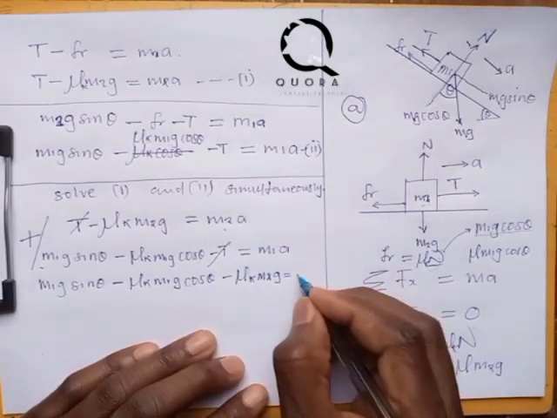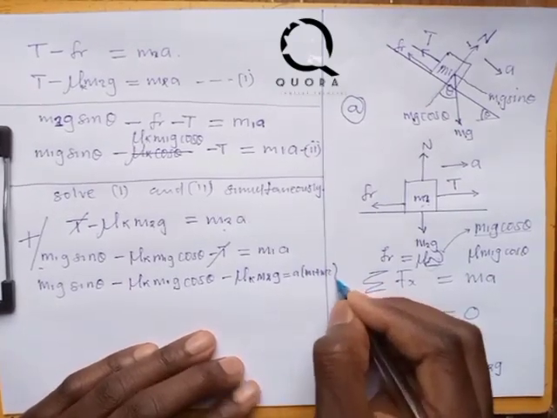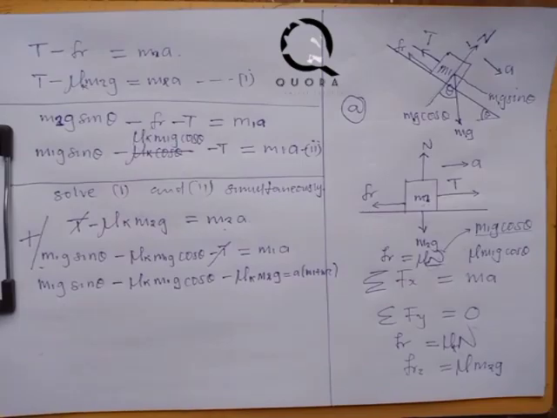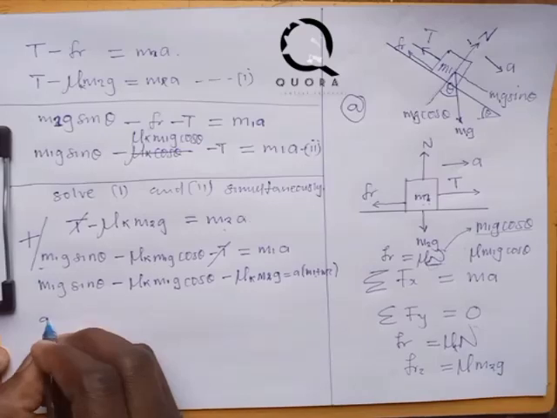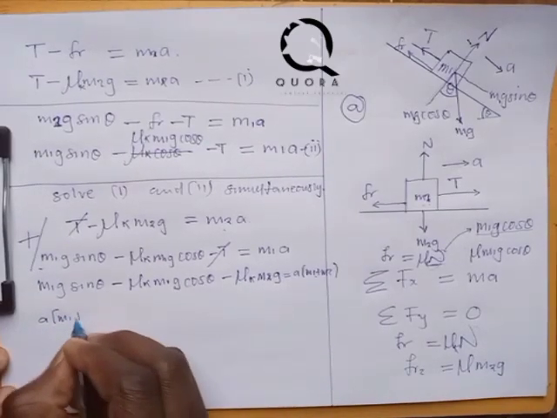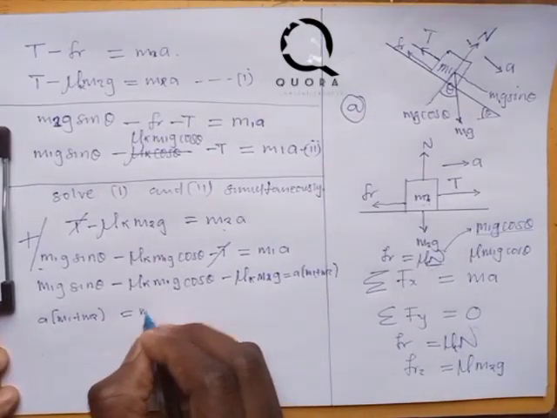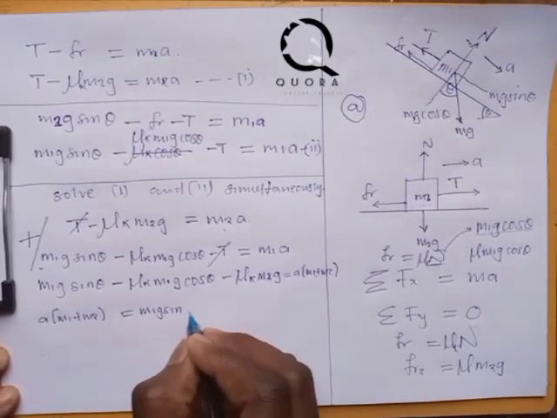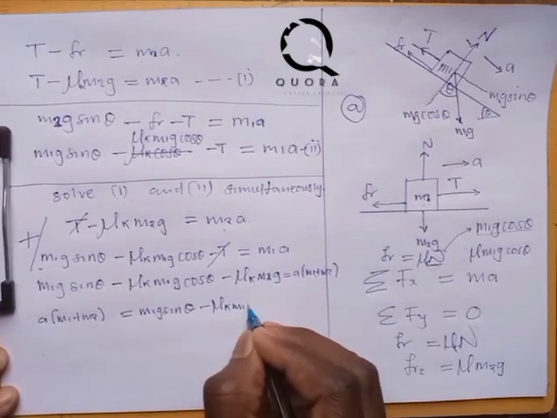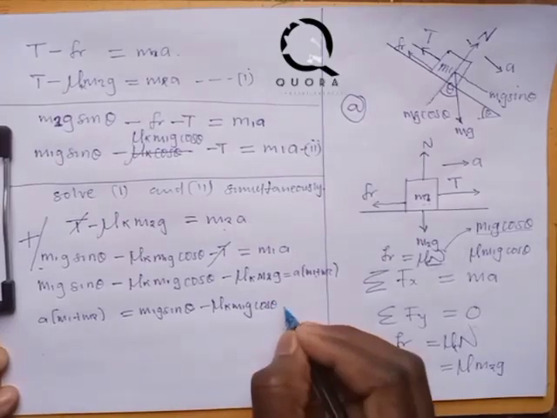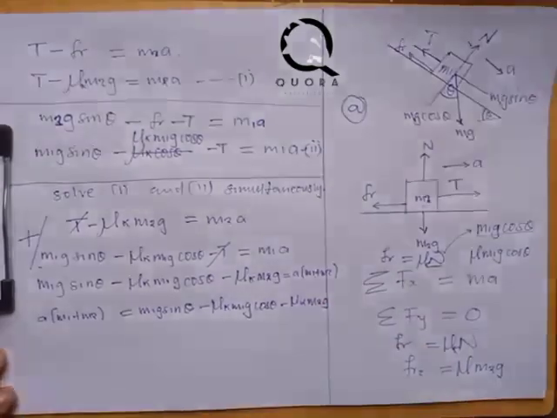I'll just factor out acceleration, now adding the masses M1 plus M2. Now I'll write this in a proper way: A open M1 plus M2 equal to M1 G sine theta minus mu K M1 G cos theta minus mu K M2 G.